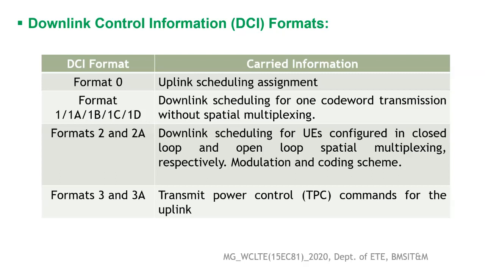It also carries information about modulation and coding schemes used in the channel. Format 3 and 3A basically carry information about transmit power control commands for the uplink. We say these are TPC commands.